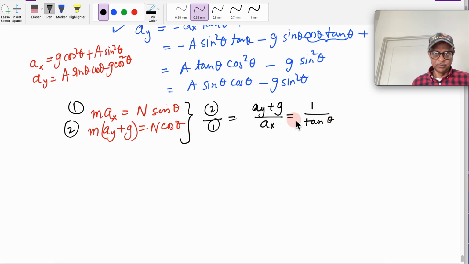So we have AY tangent theta plus G tangent theta equal to AX.